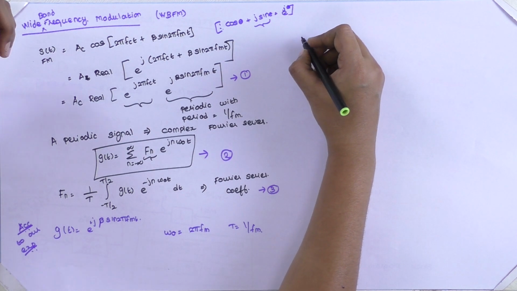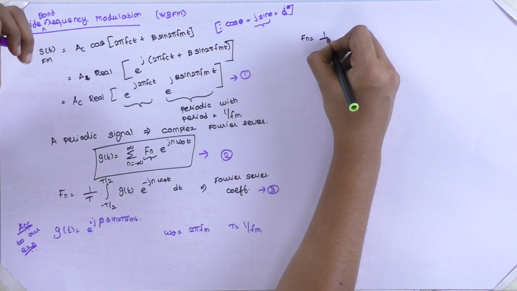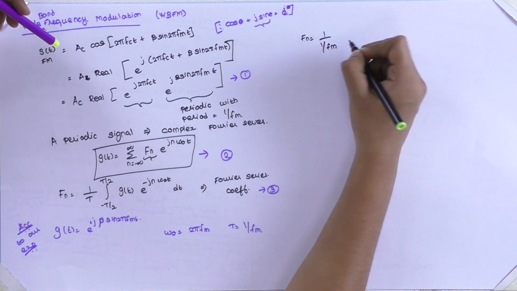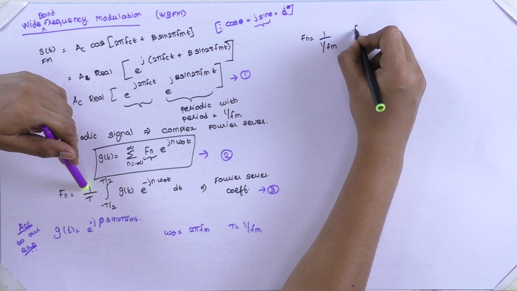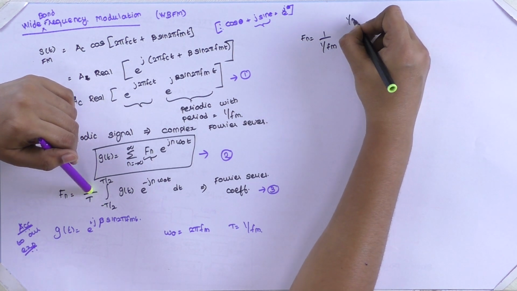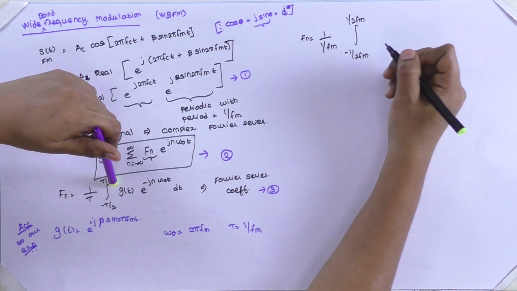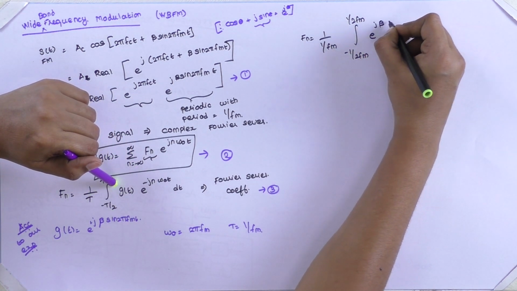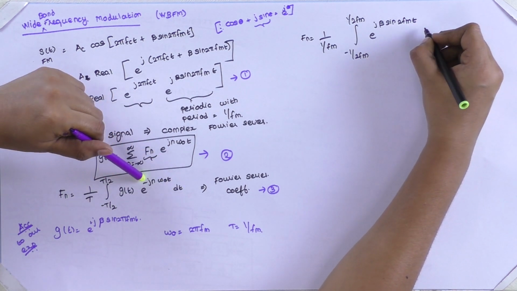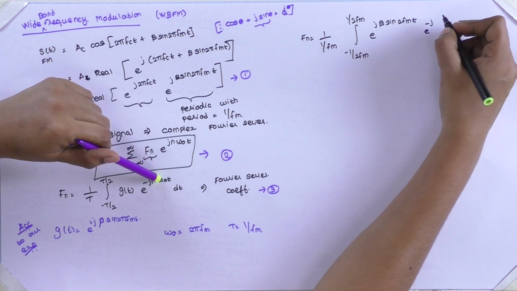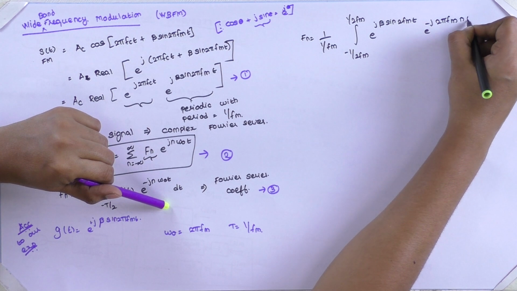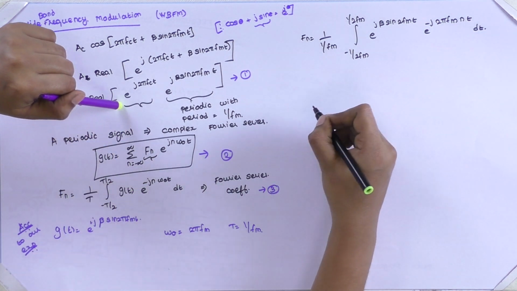Since T is equal to 1 by fm, Fn is equal to 1 by fm... that is, fm times the integral from minus 1 by 2fm to plus 1 by 2fm. g(t) is replaced by e power j beta sin 2 pi fm t, and the second part is e power minus jn omega naught t, where omega naught is 2 pi fm, giving 2 pi fm n t dt.